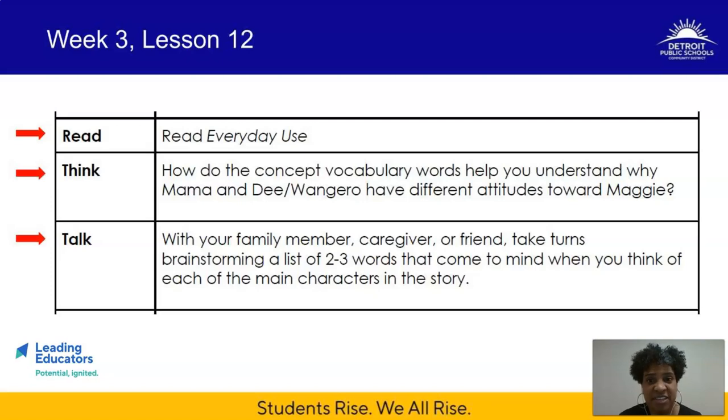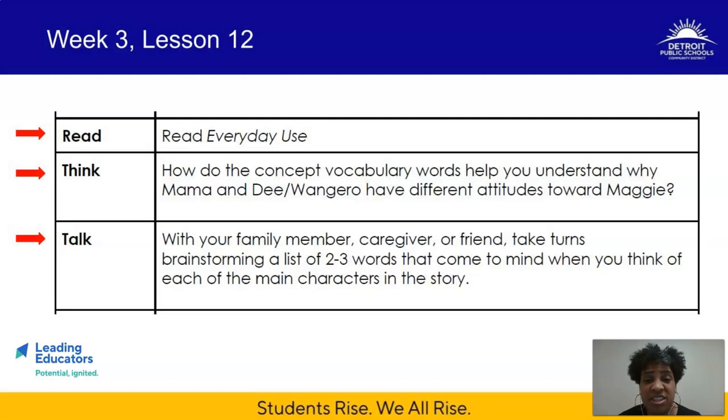All of these activities today build on each other and will prepare you for the next activity. The think section has you thinking about how the vocabulary from this particular text, and you'll find them in bold with definitions in the margins, help you understand why Mama and Wanjero have different attitudes toward Maggie. These are very intentional words being used here by the author.